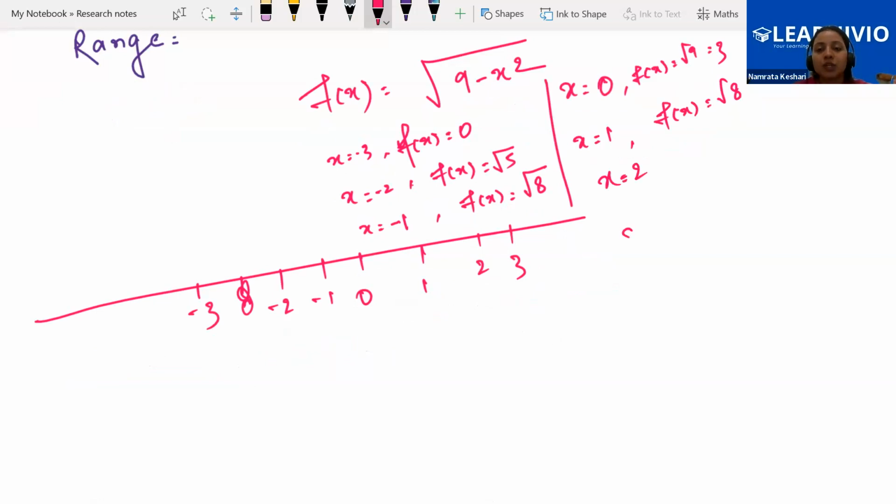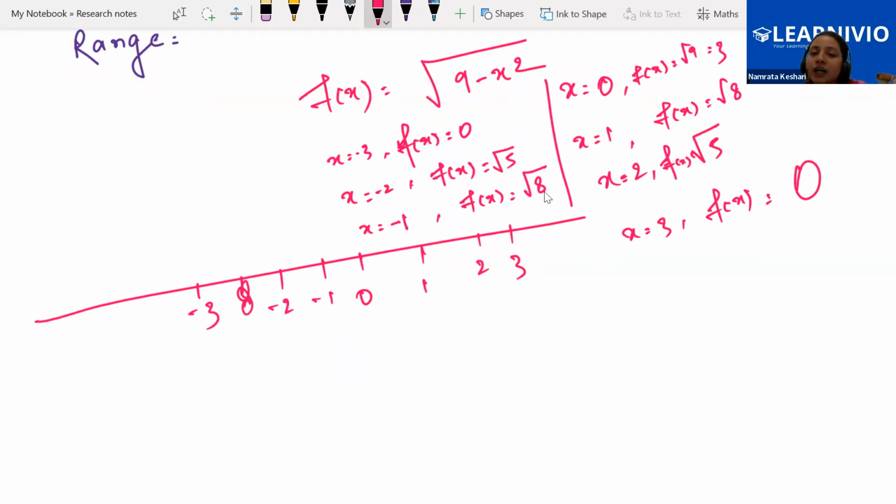Similarly for 2, similarly for 3. So are you able to understand the pattern over here? That output is coming out as which numbers? 9 minus 4, that is √5. f of x is 0.